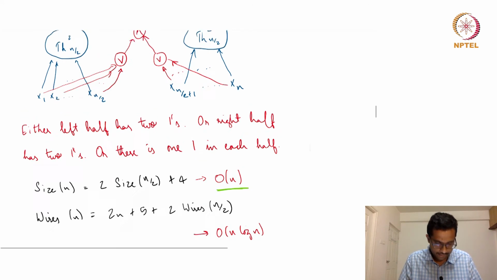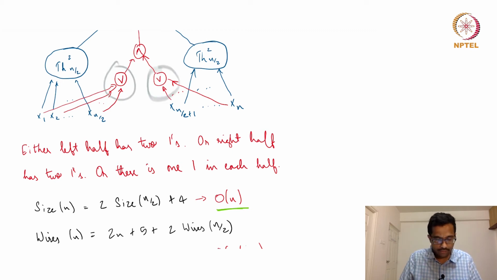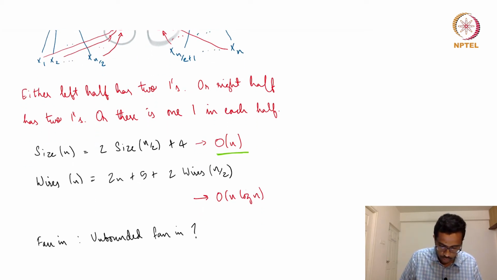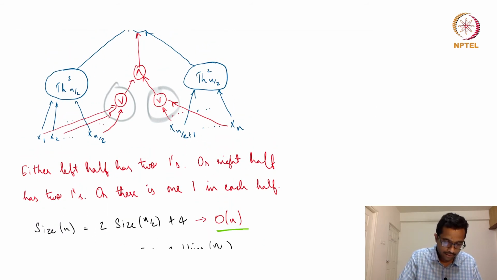The number of wires, okay, so there are n by 2 wires going into the left threshold, n by 2 wires going into the right threshold, n by 2 going into the left OR gate, and n by 2 going into the right OR gate. So n divided by 2 times 4, that leads to 2n wires over here. Then there are 5 extra wires, which I will mark with green.